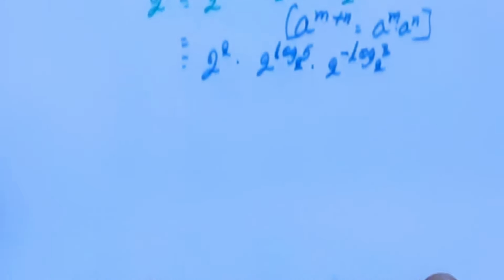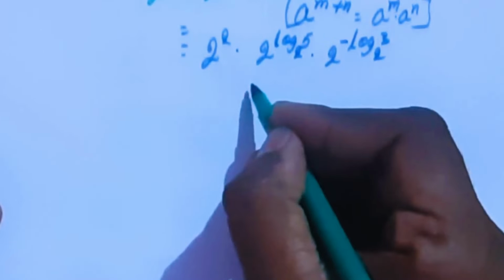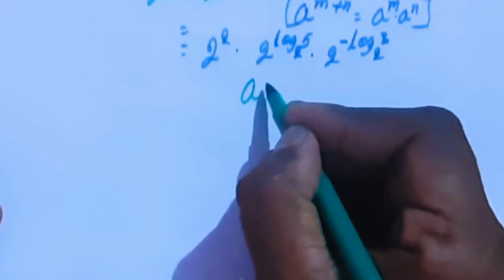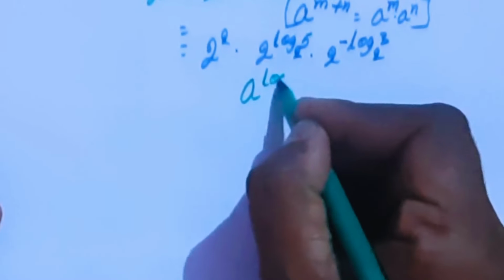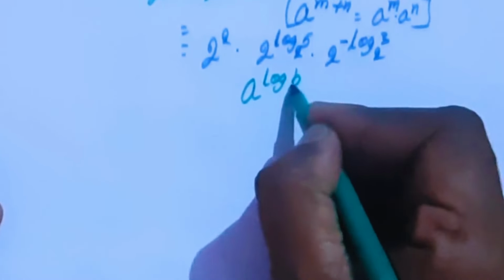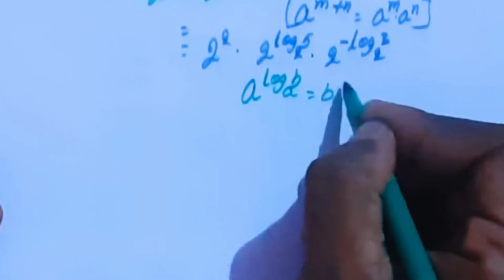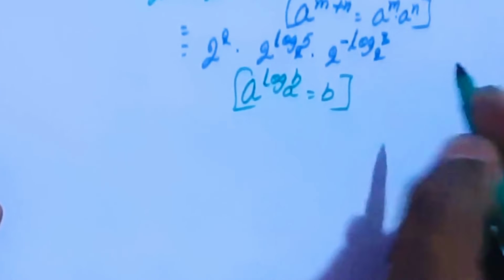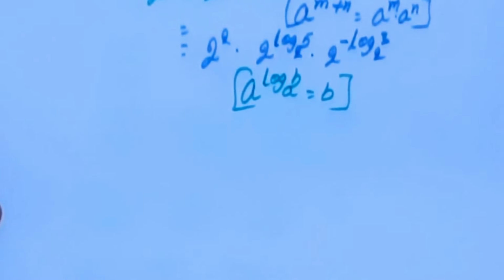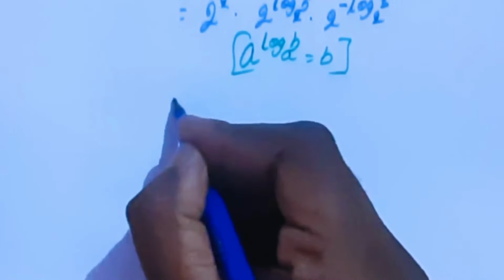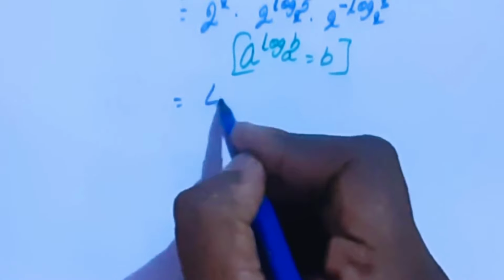This we are going to apply here. Now we are going to apply another formula here: a power log b base a equal to b. This formula also we are going to apply here. So we'll get 2 power 2 is 4.